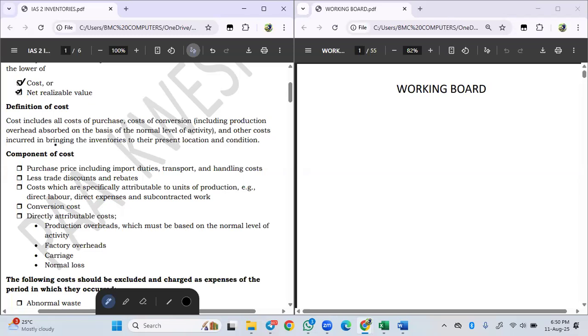So the cost involved during that production process will also be added. And this time around, because it's an asset, you will be adding the production overhead.